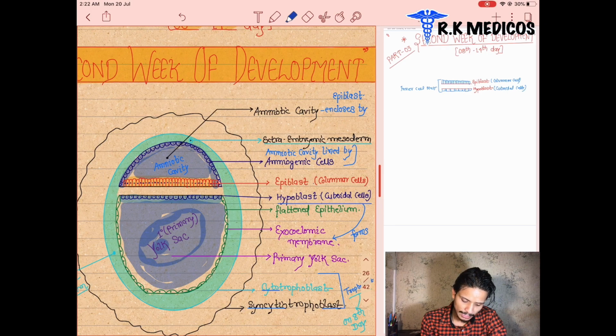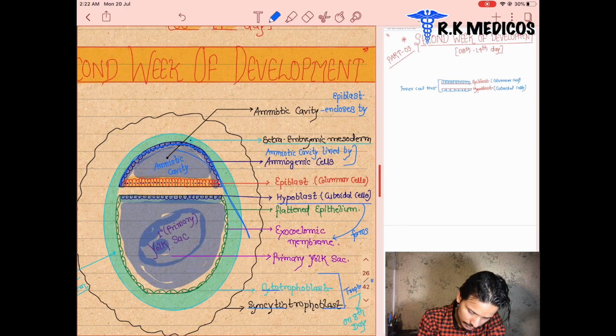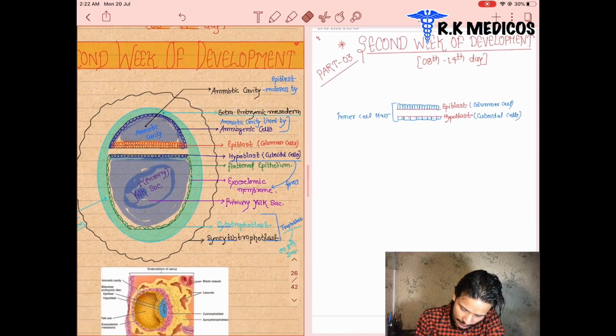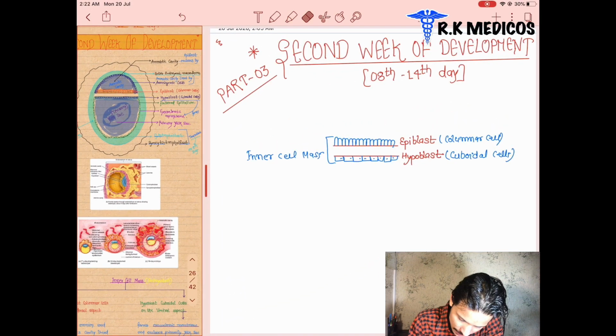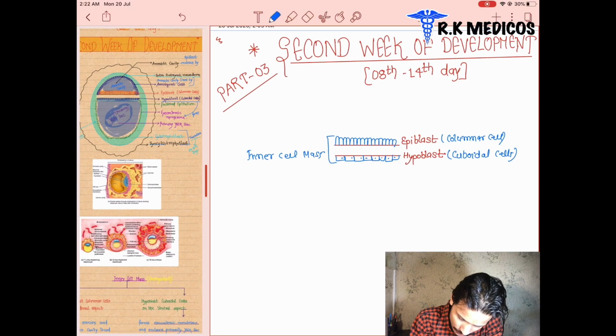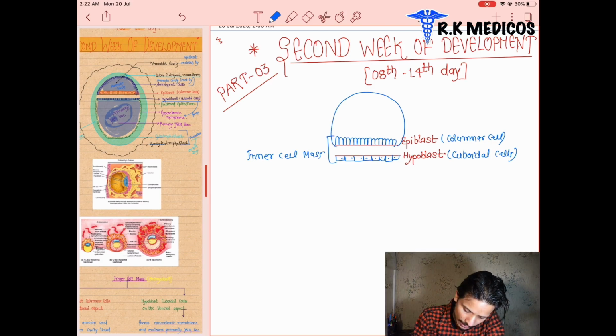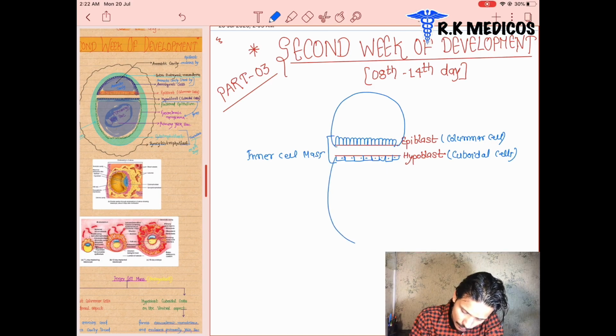Now we are going to see what the boundary of the amniotic cavity is. The amniotic cavity is lined by epiblast cells. These epiblast cells form a boundary, and the hypoblast cells also form a boundary.